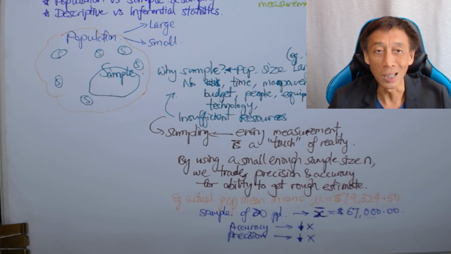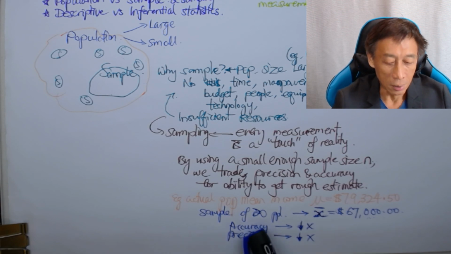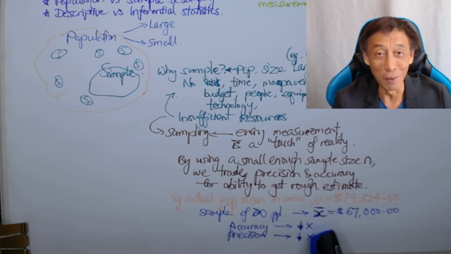Because if you say the maximum is 80,000, and you never ask until the last person in the population is surveyed, the last person can be 100,000. So how dare you say that the maximum is 80,000 right now? That's why our accuracy is never going to be 100%.